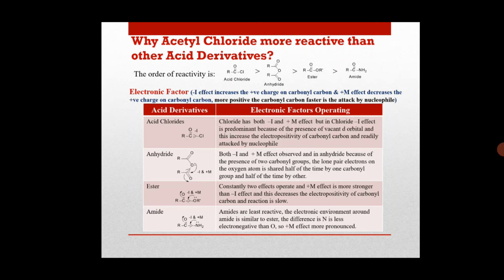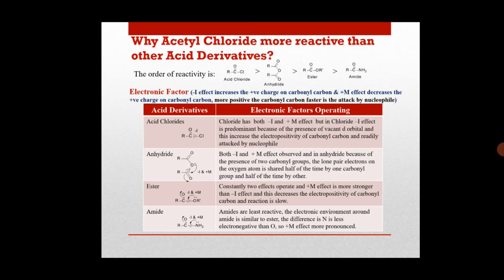Whereas in anhydride, both -I and +M effect is observed, and in anhydride, because of the presence of two carbonyl groups, the lone pair on the oxygen is shared at one point with one carbonyl group, and at the other half it is shared by the other carbonyl group.